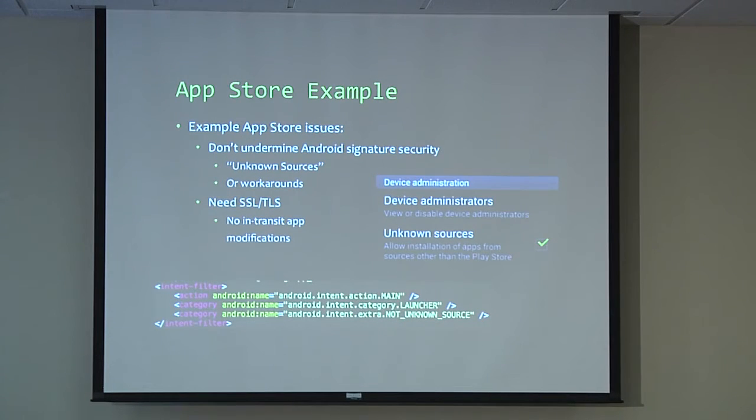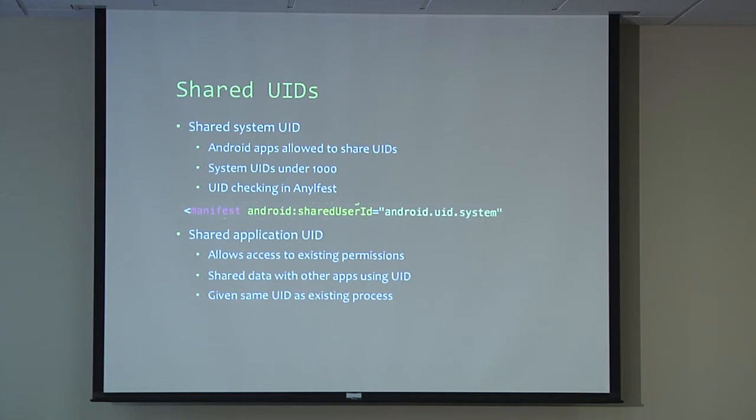Some examples we found in app stores basically allowed you to man-in-the-middle app purchases, decompile the app on the fly, inject a reverse shell into it, recompile it, send it down to the user, and the user had no idea that it was now signed with your key because for a third-party app store to work, there has to be unknown sources checked, which means there's no signature checking on the app. So be safe and use Google Play.